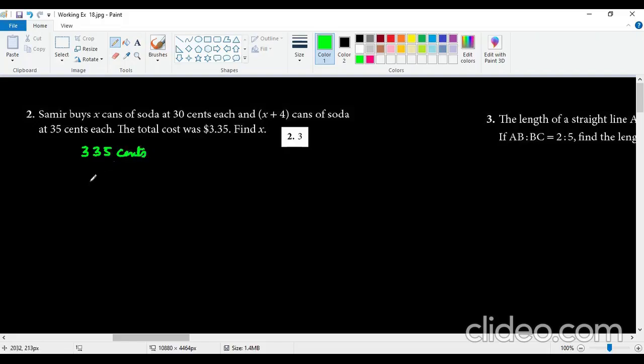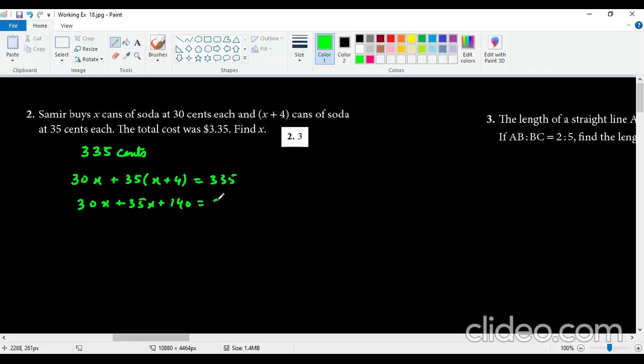The equation we make is 30 cents for the first set of soda cans, and the other one is at the price of 35. This is the other soda can. Now the total amount is 335 cents. If I expand this bracket, it gives us 35x, and 35 times 4 gives us 140.